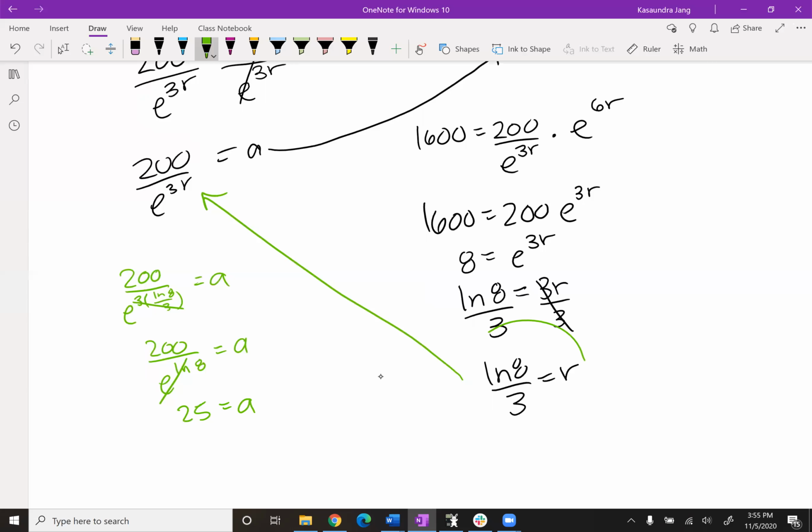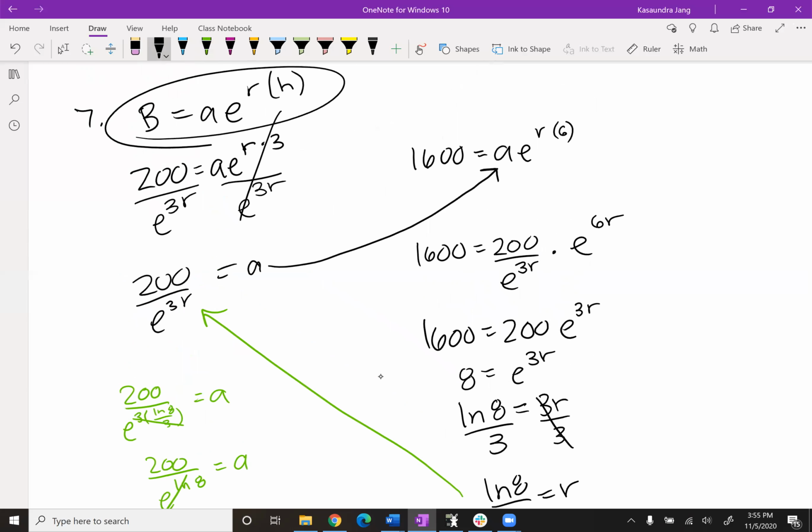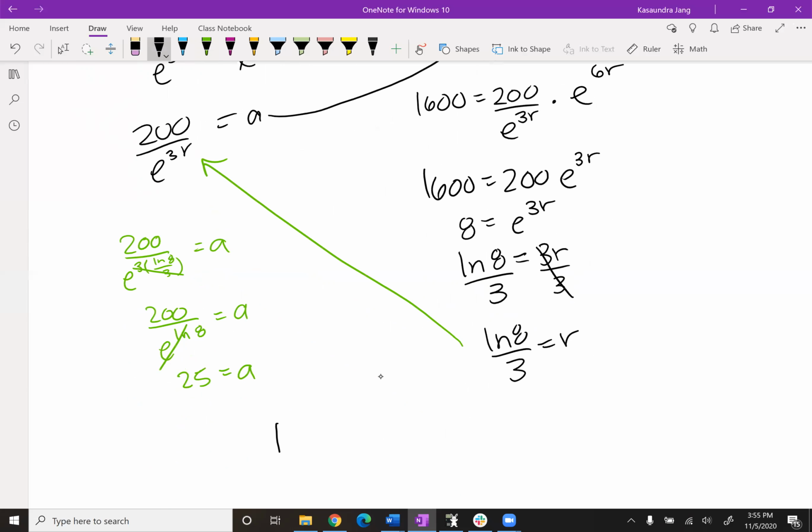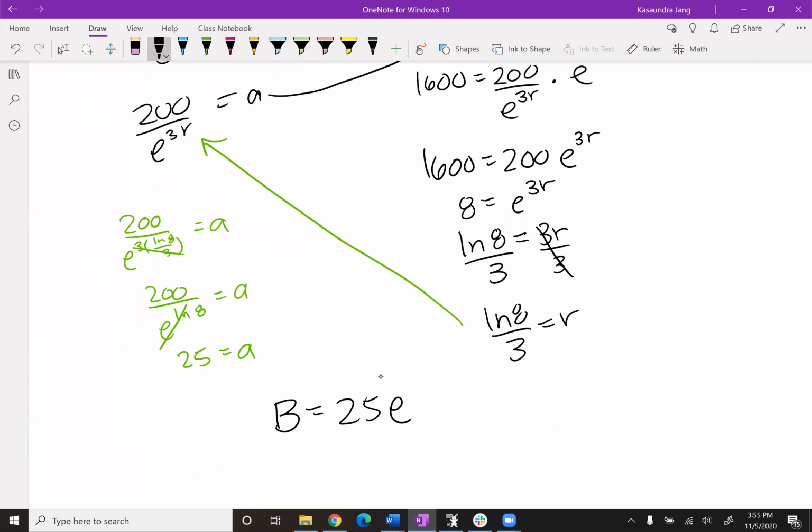All right, so we've got the R, we've got the A. We can use those in the original problem, which is what I had for my original problem right here. B equals the A, which in our case is 25, times e to the R times H. We found the R, messy R, but I found the R, times H. I called it a B and an H for a reason.